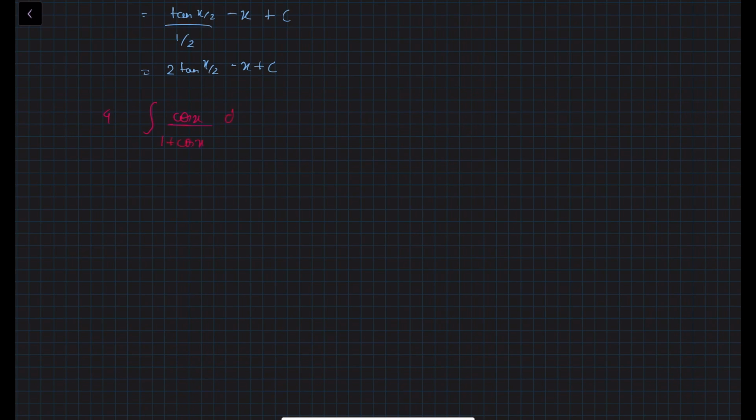And again, we're going to have to use the cosine 2x formula in two different forms of it. So we know that cosine 2x is cos square x minus sine square x. Therefore, cosine of x is cos square x by 2 minus sine square x by 2. And similarly, 1 plus cos x is just 2 cos square x over 2.